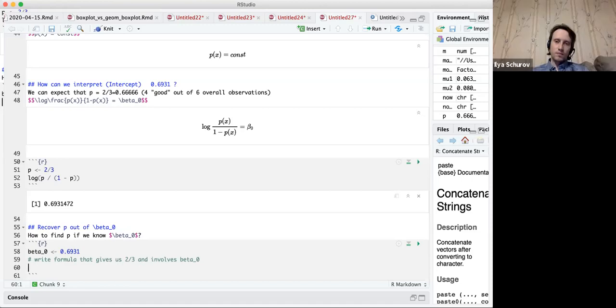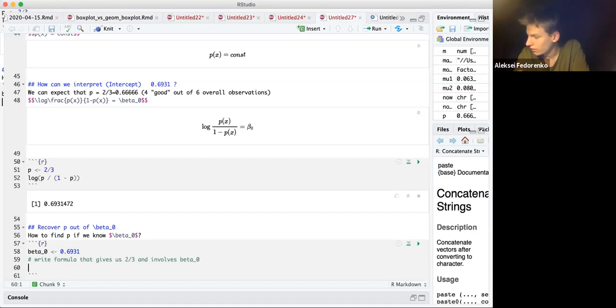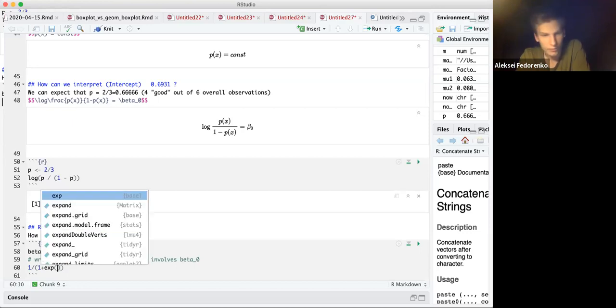Exactly. Yes. But which formula? 1 divided by 1 plus exponent of minus beta naught. Let us check.